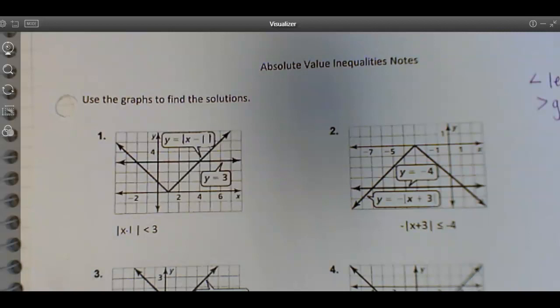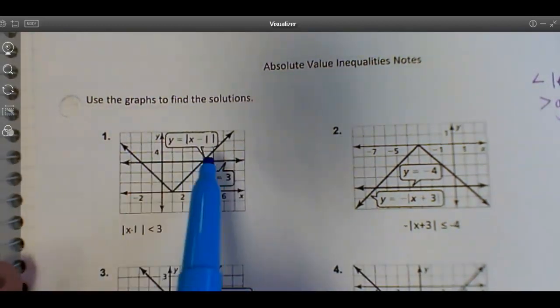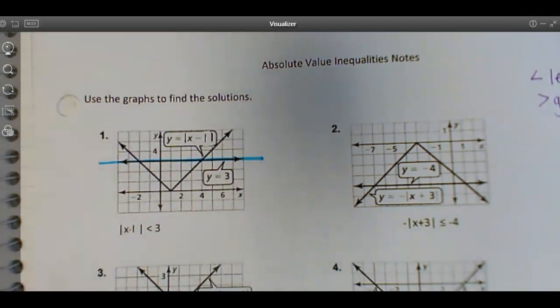So when you think about a problem like this, you can start off by thinking about whatever's over here. Usually it's a number. In this case it's 3. Okay? And looking at the graph, this right here is the 3. The question says, where is the absolute value less than 3?